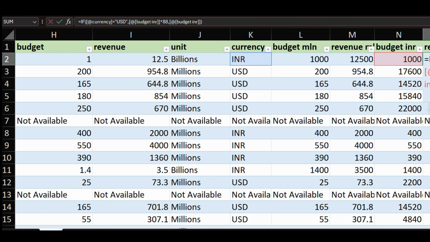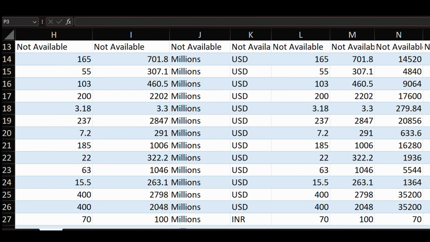So where did I make the mistakes? Okay, I have to add the revenue, not the budget. Here I made the mistake, here again. I have to take the revenue. Okay, now it makes sense. And I got the value.